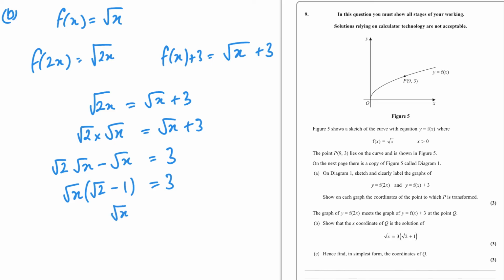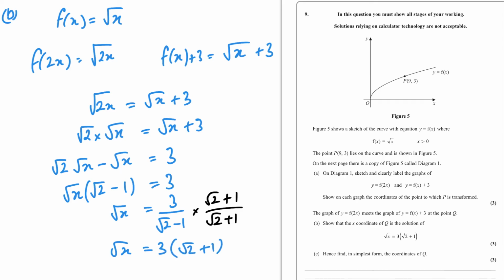So root x equals 3 over root 2 minus 1. Now, this is a surd, and I'm going to need to rationalize it. So that means I need to times the top and bottom by root 2 plus 1. Now you can see that along the top I got 3 root 2 plus 1.